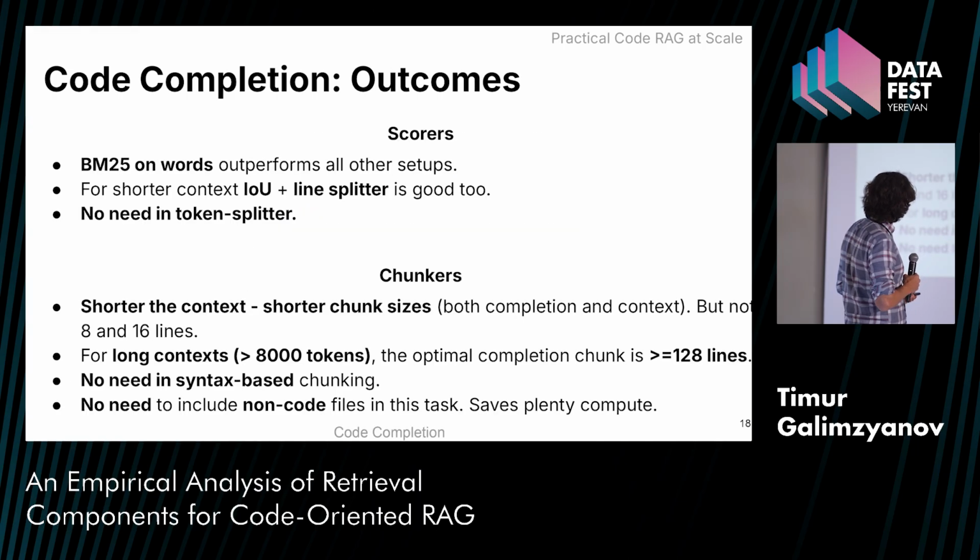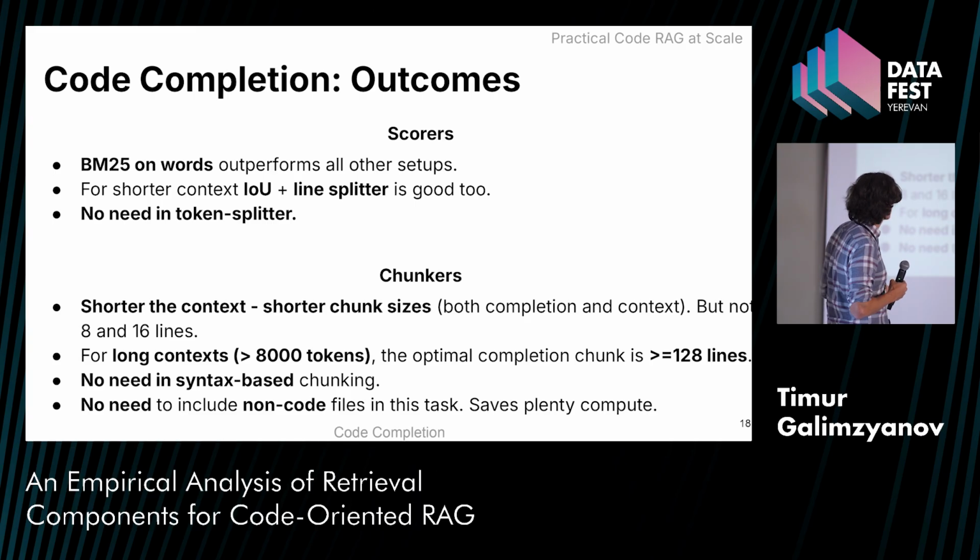So, what are the outcomes from this part? First of all, BM25 on words outperforms all other setups that we have tested. For shorter contexts, I would suggest using intersection over union on the lines for the completion task, because it's very fast and the scores are pretty good too.